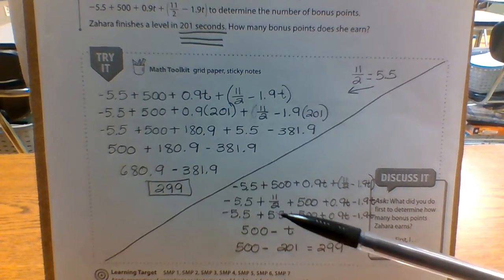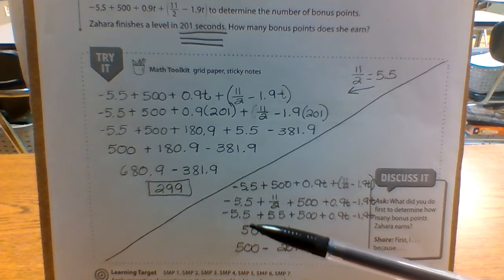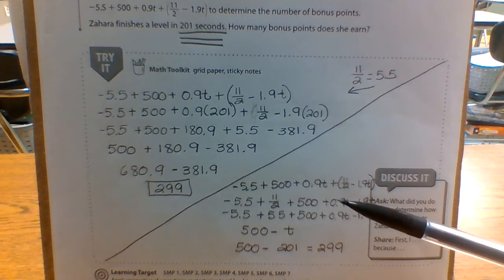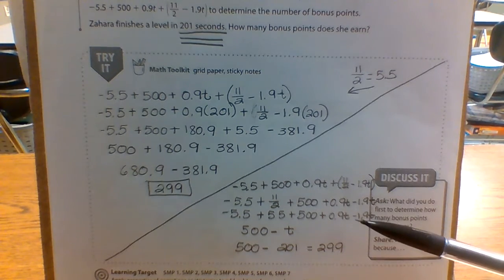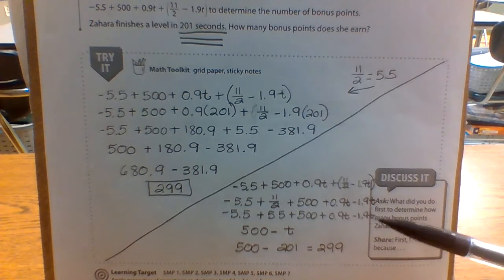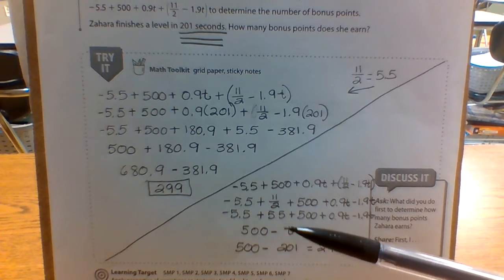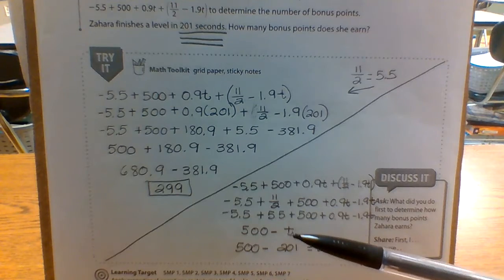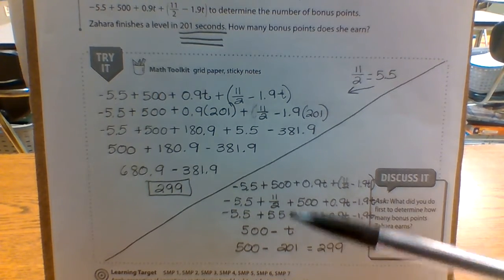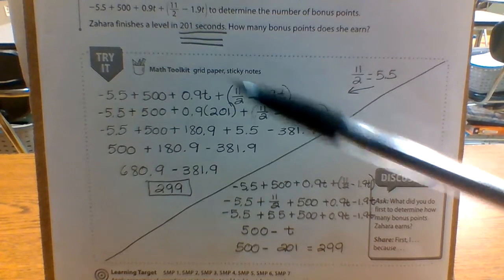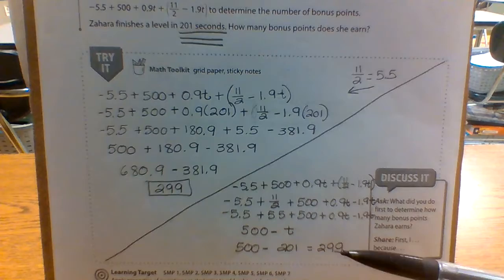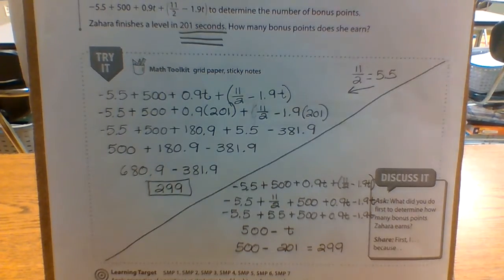This is a negative and that's a positive though, and those would zero out, and you have the 500, and then you got 0 and 9/10 and 1 and 9/10. That would make to be a negative 1t. Yes, you can write a 1 in here, but it's understood that is 1t right there. So because 201 represents that t, so we subtract it and we came out with the same, the 299.